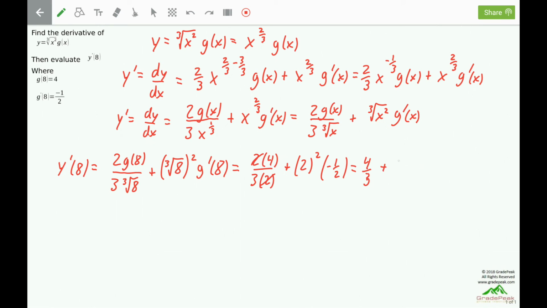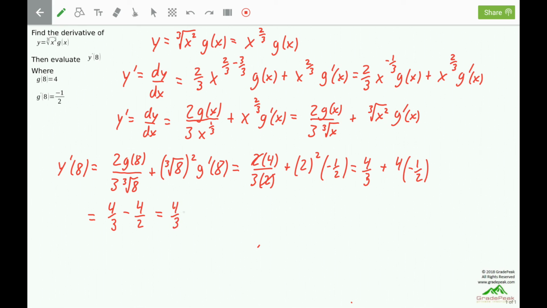And then we have this added to a 4 times a negative 1/2. So this gives us 4 over 3. And multiplying the numerators, negative 4 over the denominator 2.